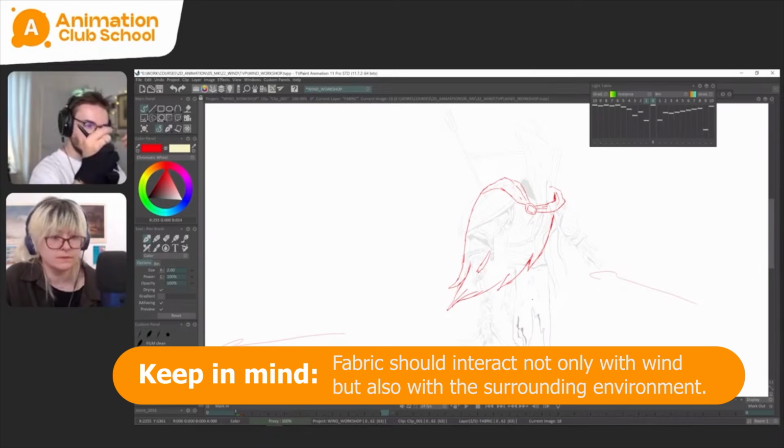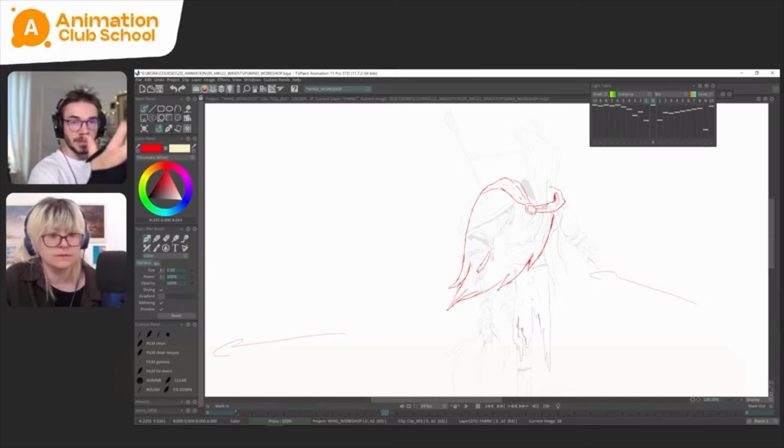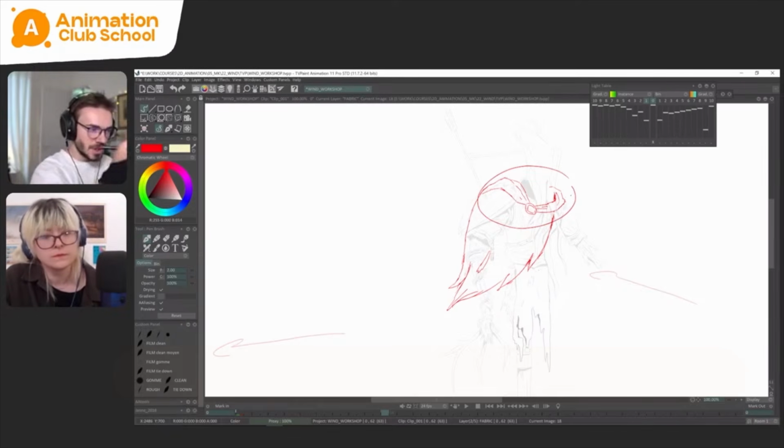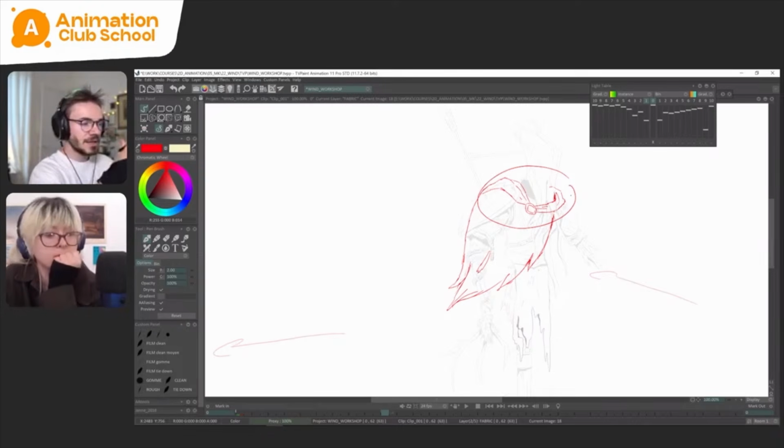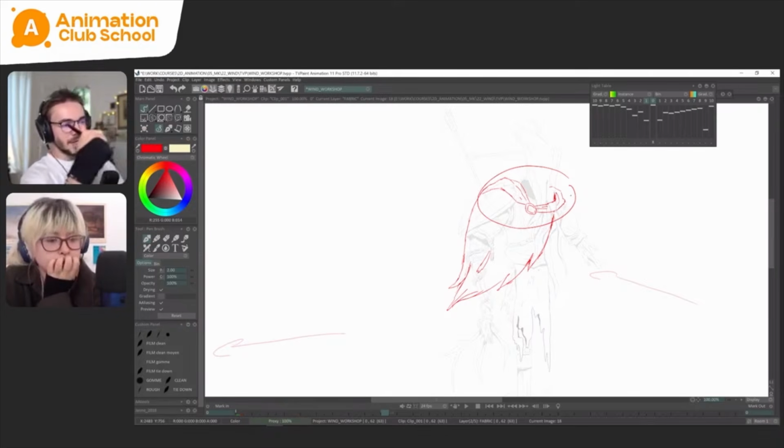And you don't animate your cape independently from the character, even if the character is not moving. You have to think, like I said from the beginning, about this part because it's a kind of root of the fabric, and try to think of it as one piece, how it moves together, and how the character blocks the wind.